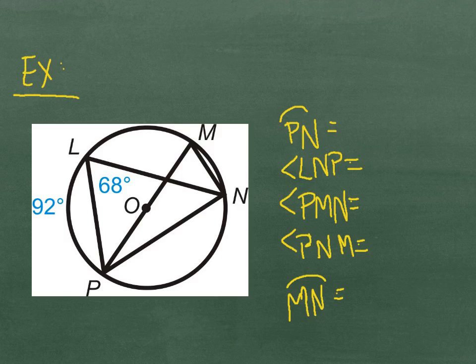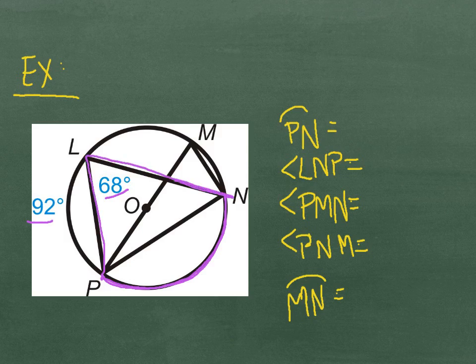Alright, now my suggestion would be again to get some colors, get some highlighters, and really try to focus on what's the arc and what's the angle that goes with the arc. So the first one they're asking for is arc PN. So I'm going to highlight this from P to N. And then you only have 2 values. You either have 92 that you can work with or 68. So 68 is going to be the one we want because that's the one that completes my arc.